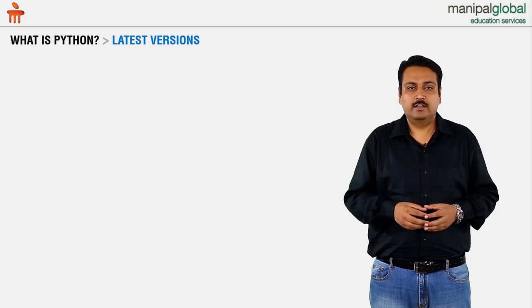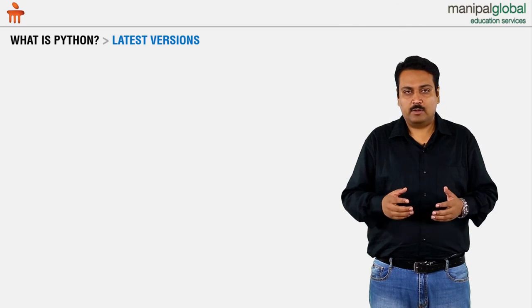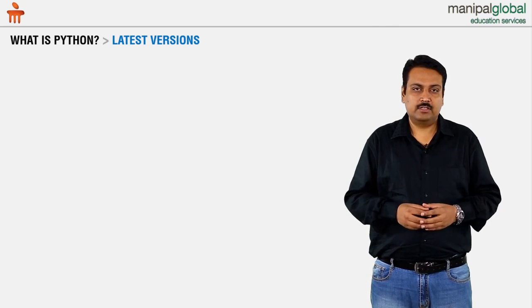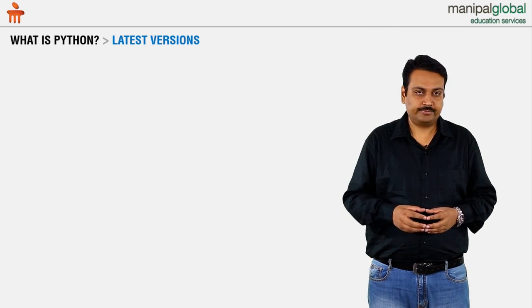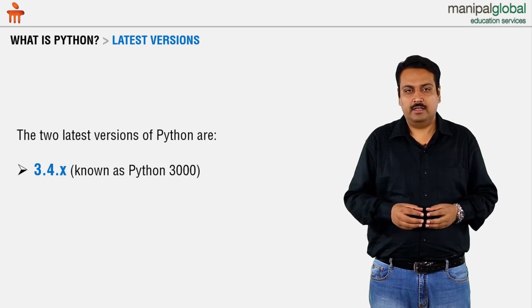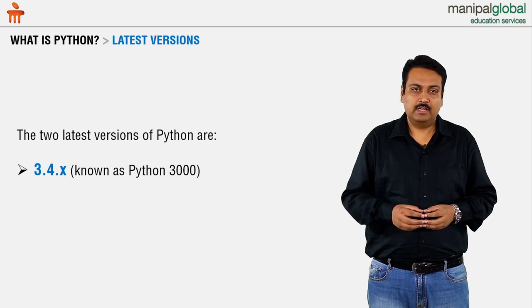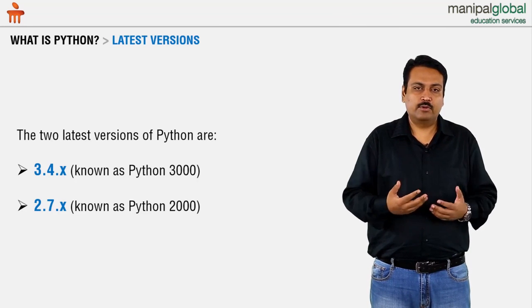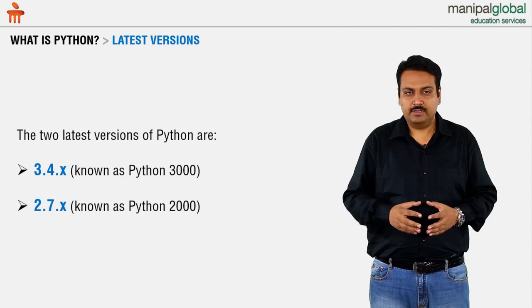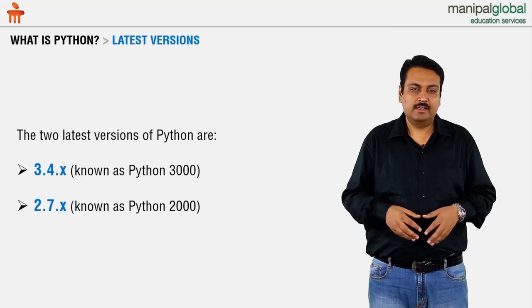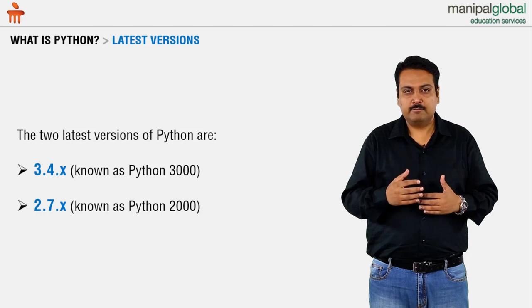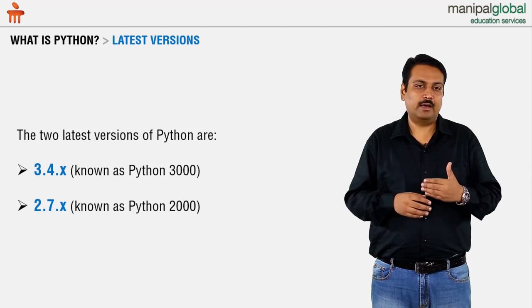Now let us try to understand a little more about Python. There are two latest versions of Python that are available. The first one is 3.4 and the second one is 2.7. The 3.4 is known as Python 3000 and 2.7 is known as Python 2000. Both of these versions are being developed in parallel.